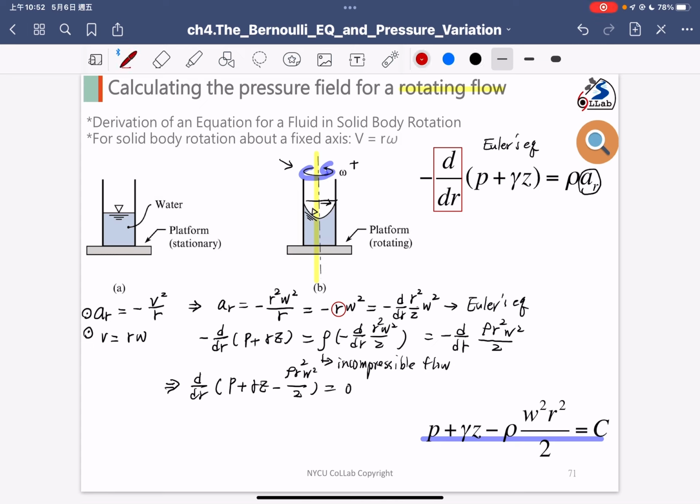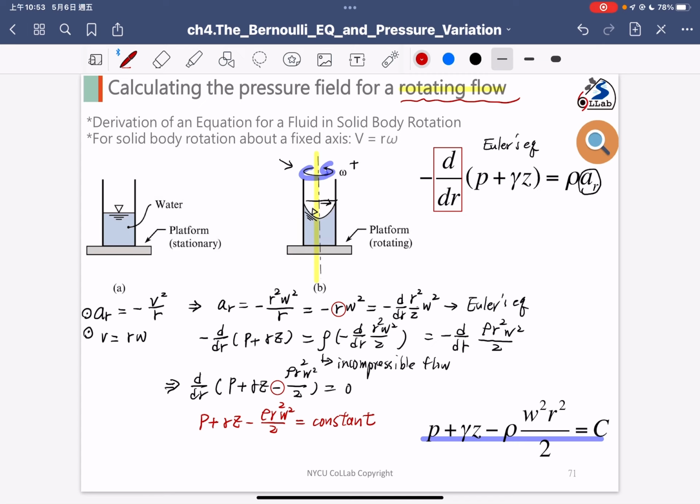That's very important here, the difference compared to the previous slide: we have the minus here. So we know that P plus gamma z minus rho r squared omega squared over 2 equals a constant. So this is an equation similar to Bernoulli, but the special formula for rotating flow.